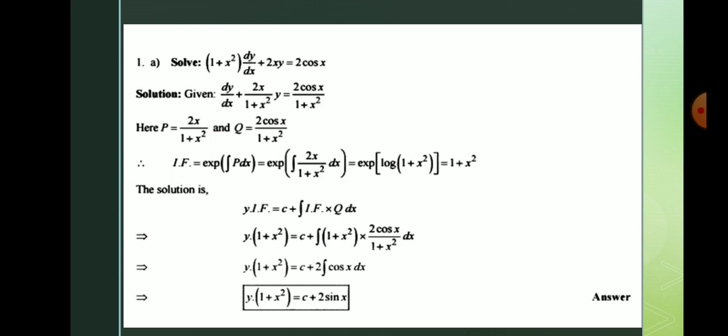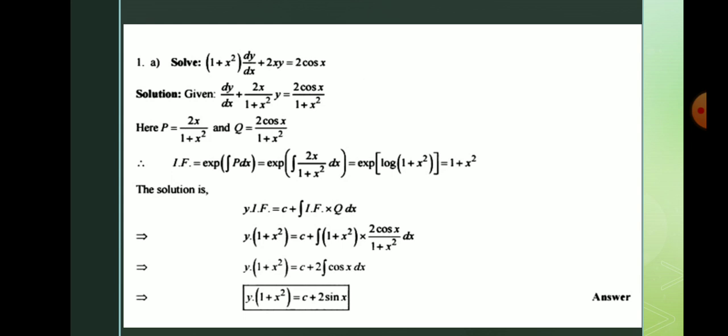So this given problem is in the form of Leibniz linear differential equation, or linear differential equation. A linear differential equation of first order is of the form dy/dx + Py = Q, where P and Q are constants or functions of x only, and y is the dependent variable.